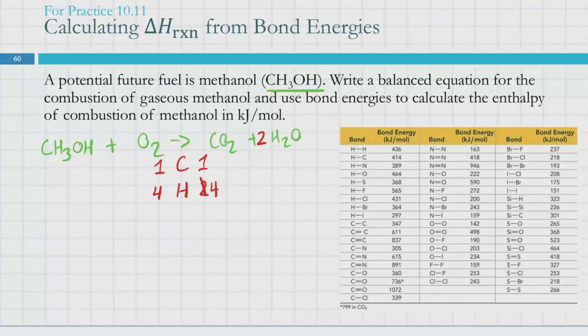Last thing to balance is oxygen because we've got O2 by itself, so we can change that one for free. If we look at the right side, we've got 2 plus 2 for 4 oxygens. On the left side, we've got 1 in methanol and 2 in O2, so we've got 3. So we need to add 1 more oxygen, but we can't change our methanol or we screw up our carbons and our hydrogens.